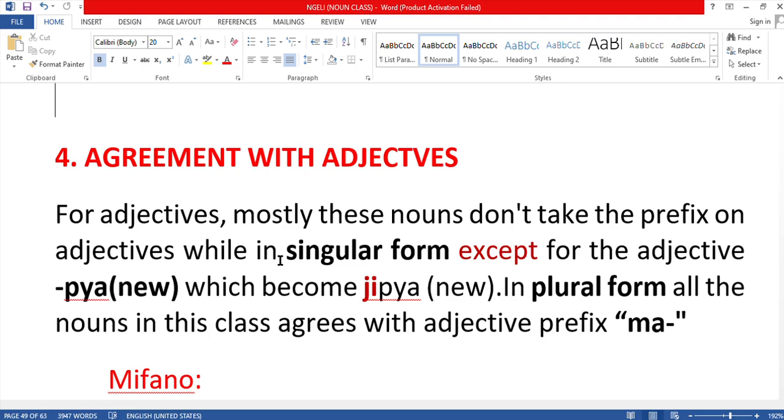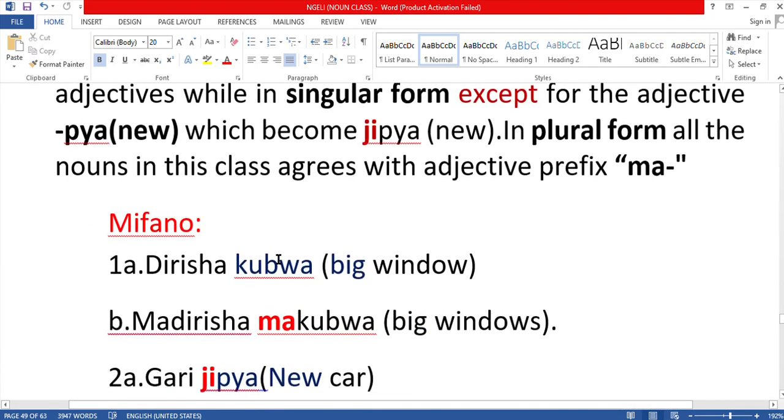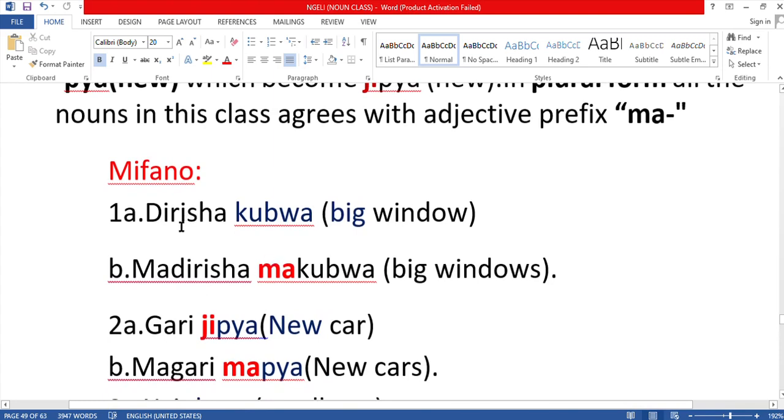In plural form, all the nouns in this class agree with the adjective prefix ma. Okay, so all of these agree with the adjective prefix ma. Mifano. Mifano is examples.